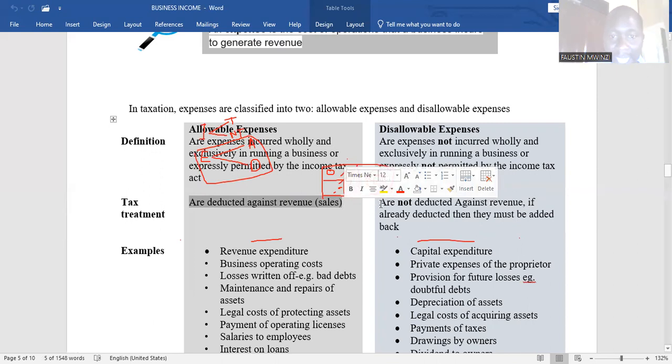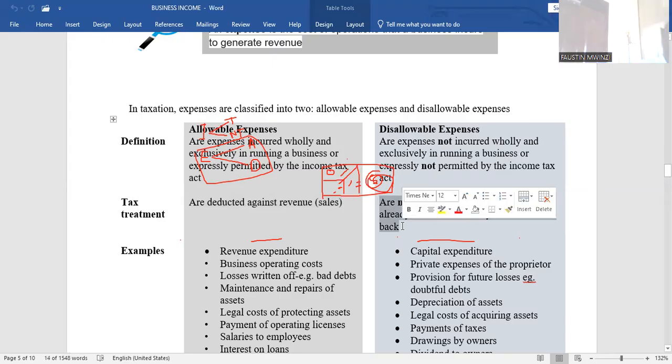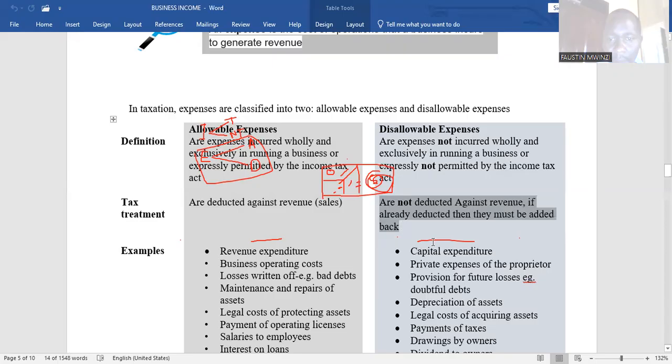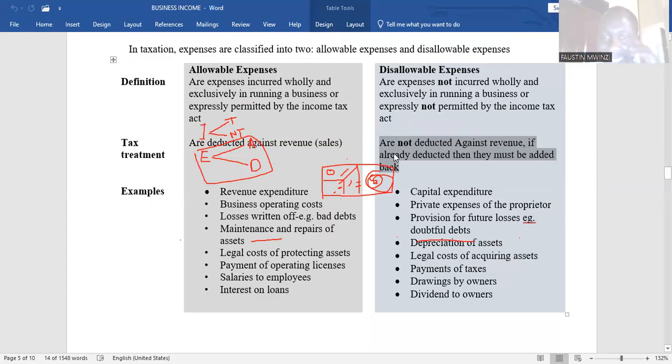The ones that are not allowable are not deducted. All right. I'll come back to this statement that they are not deducted. If an expense is not allowable, you should not deduct it. We'll come back to that statement and expound on it.